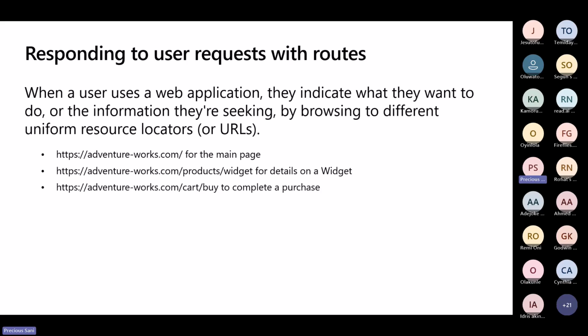Whenever you tap on that button, you are simply telling that application to go into that route. So in our application, we need to indicate how we want to respond whenever a user makes a request to go into a particular route.